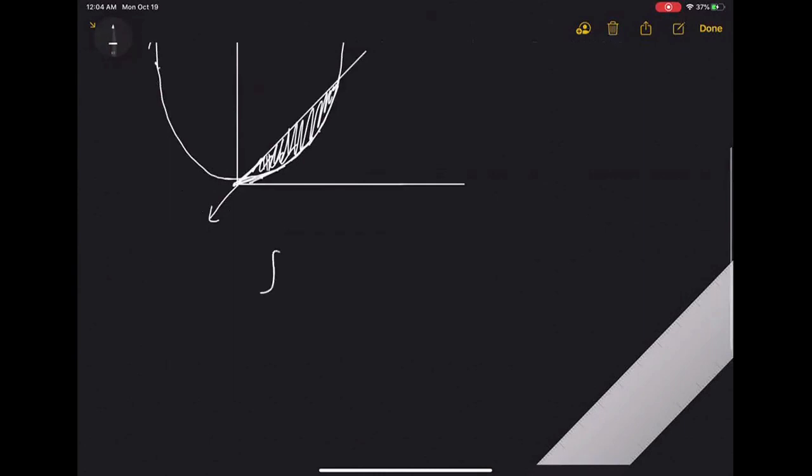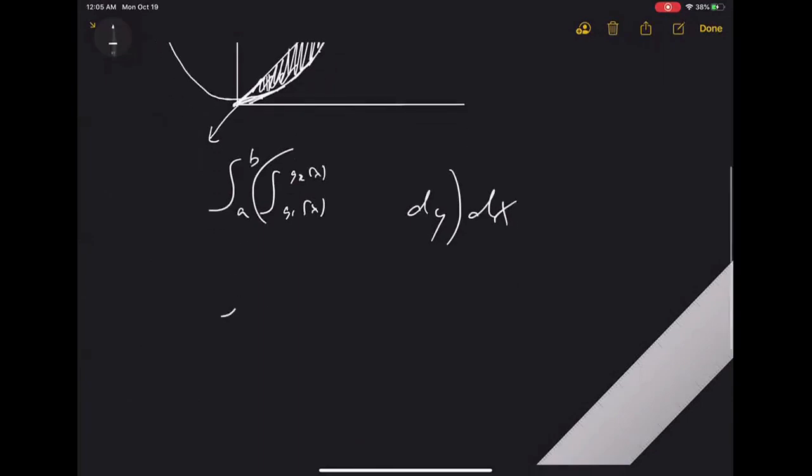Maybe I want to do an integral like this, where I'm integrating and the bounds for y are functions, and then these are constants. Or maybe I want to do it the other way.